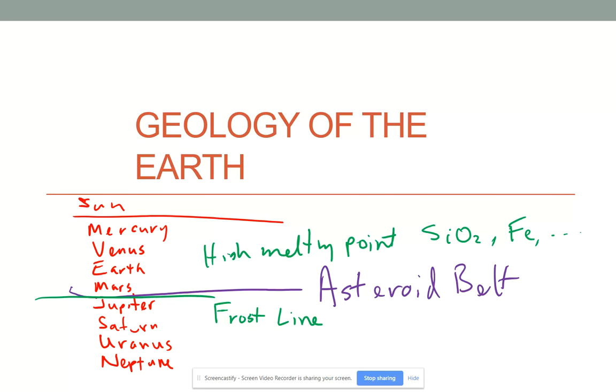And so that's why they have the rocks in the center, because they collected the high temperature melting stuff, but then they collected the stuff we call volatiles, which is what gives them their outer atmospheres of gas and then liquid layer, be it liquid hydrogen or water, so you get that later in the bigger ones. So that's believed to be why we have significantly different types of planets depending on where they formed.